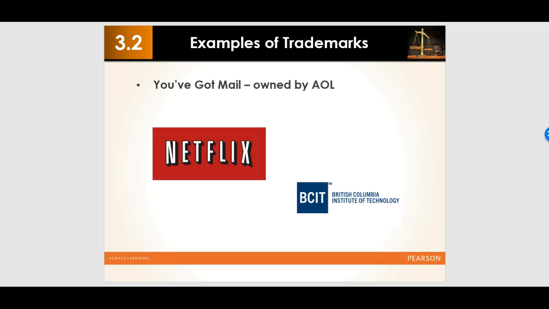So again, keep this idea that trademark is mainly focused on clients, on consumers, so that they do not confuse where the product or service comes from. Okay, so that's the idea of trademark. I want my clients to be sure they are buying my original product, my only product, or my service, or either products or services coming from my company.